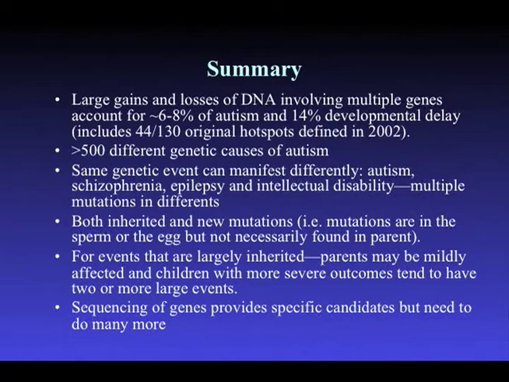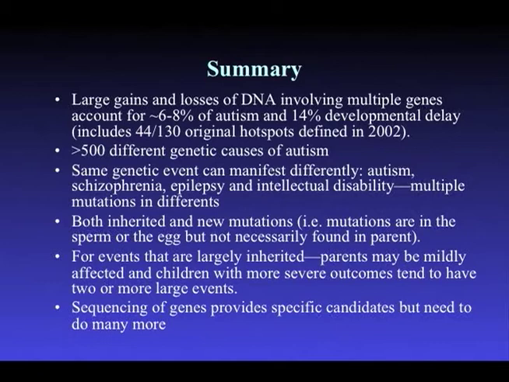Both inherited and new mutations are important, but the key take-home for me is it's the type of mutation that matters. And geneticists should have realized this. Disruptive gene-killing mutations that take out an entire copy of a gene, or alter the dosage significantly, or create a stop codon, are probably the most important in terms of neuropsychiatric diseases such as developmental delay.